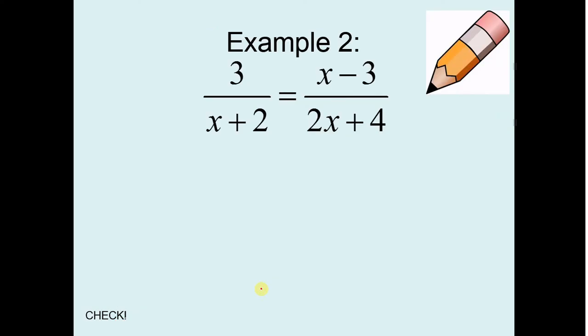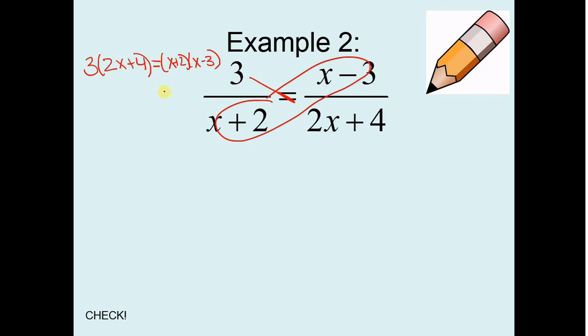So let's take a look at this second example. I need to multiply across. So 3 times 2x plus 4. Multiply across these two. So I'm going to get x plus 2 times x minus 3. Okay? So then let's distribute this 3 in. 6x plus 12.